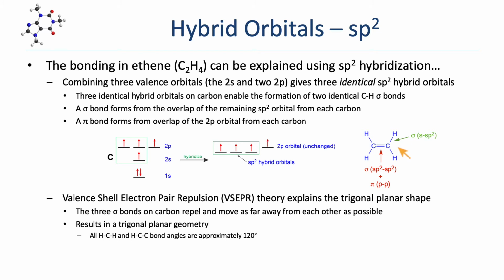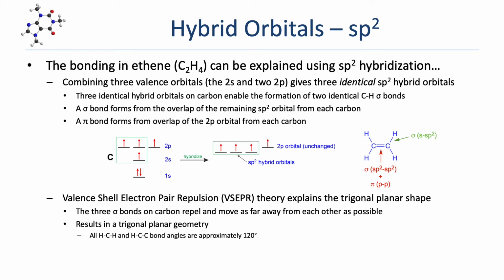We call that a double bond. So if we draw a Lewis structure of ethene, we would actually place two bonds, two lines drawn between the two carbons. And this can actually be a bit misleading because if you think about it, even though we draw those two bonds identically, they're not actually the same. Those are two different kinds of bonding interactions. One of those bonds is formed between a hybrid orbital on one carbon and a hybrid orbital on the other carbon.